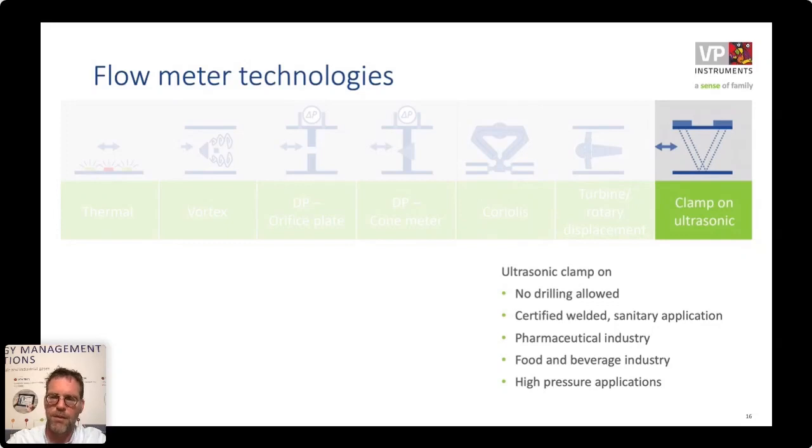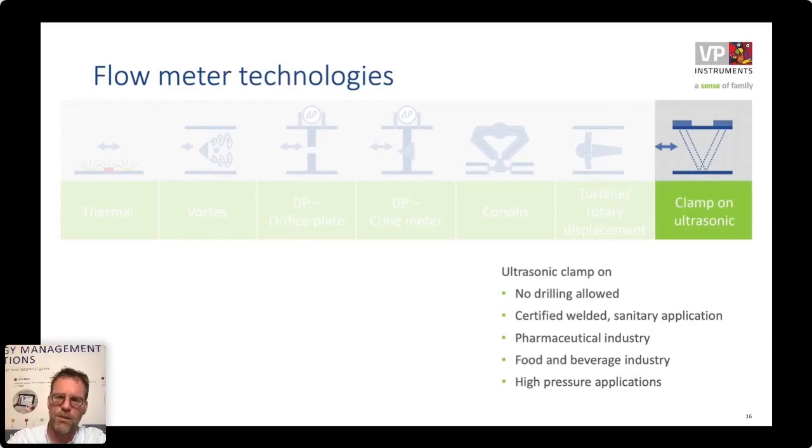So you might think, well, that's very convenient, no drilling. That's also why you find them a lot in applications where there's no drilling allowed, like certified welded piping, or pharmaceutical, or very high-end electronics manufacturing, semiconductor, or food and beverage. So when you're not allowed to drill any hole, this can be a very interesting technology.